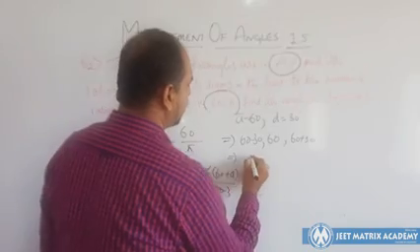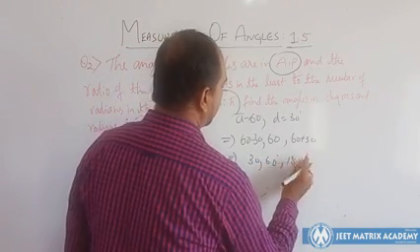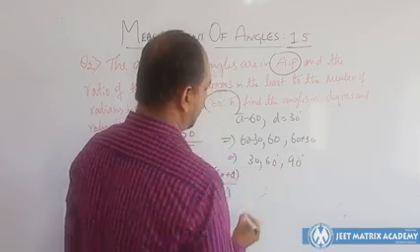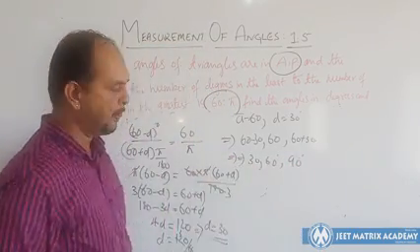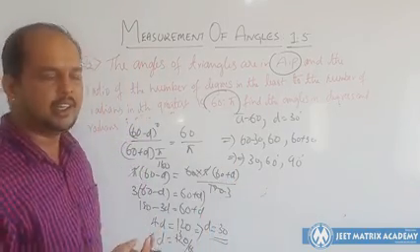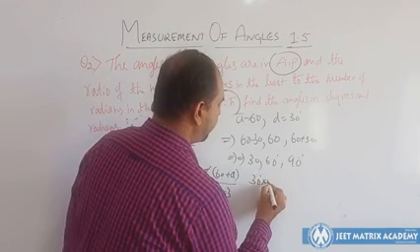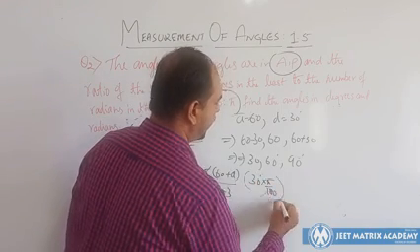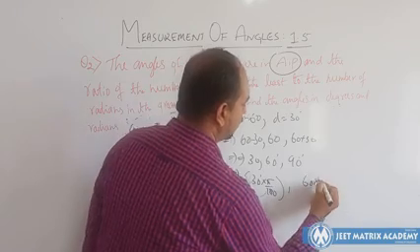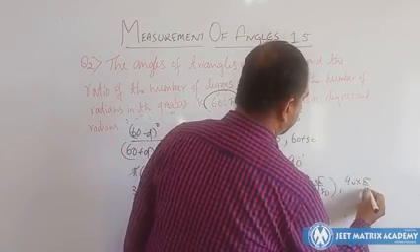That means 30, 60 and 90. So these are the angles in degrees. If you want to convert into radians, multiply by pi and divide by 180: 60 into pi by 180, 90 into pi by 180.